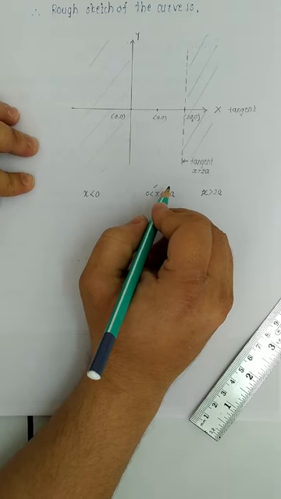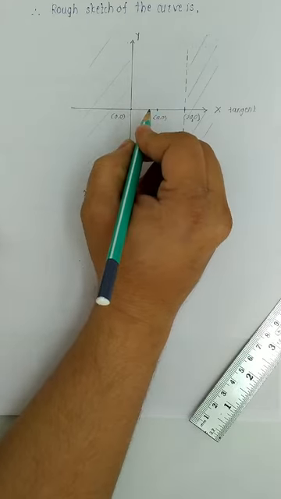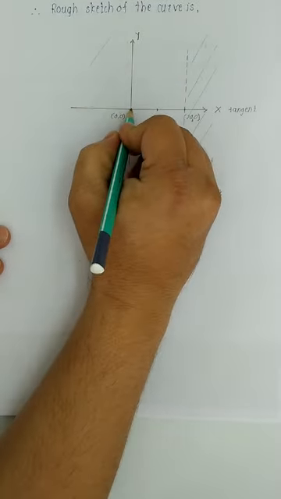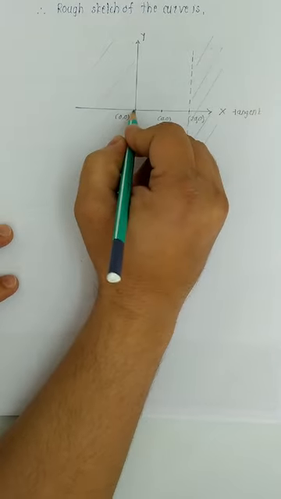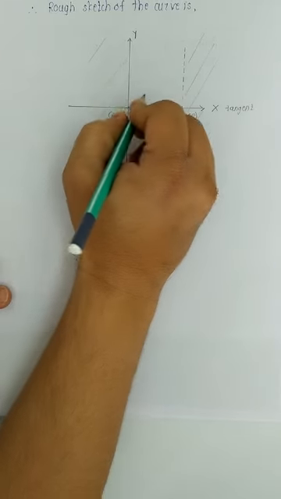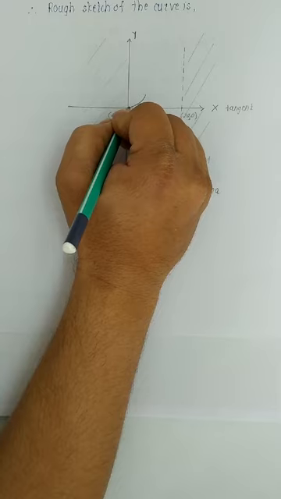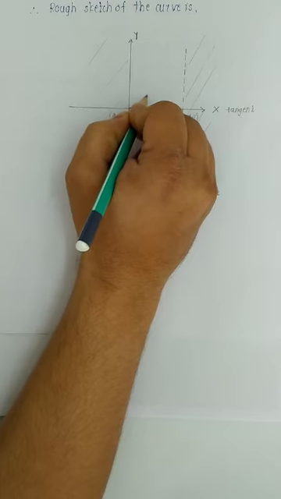In the third characteristic itself, we have derived that at origin, the x-axis is tangent to the curve. So, at this point, the branch of the curve should be like this. Then and only then, this x-axis will become tangent to the curve.